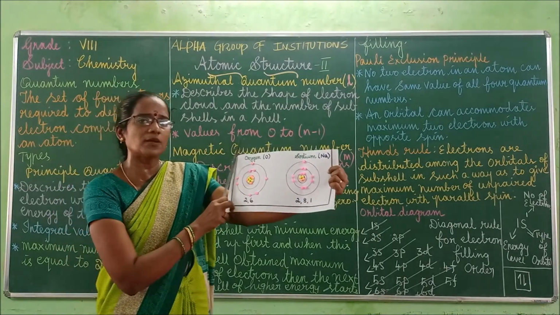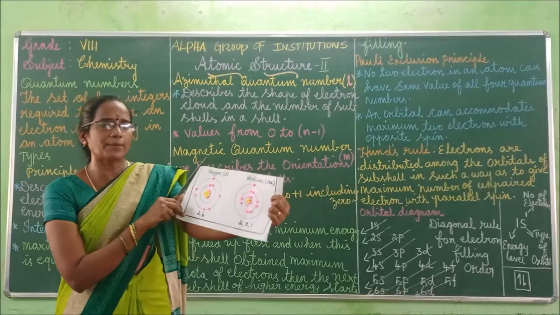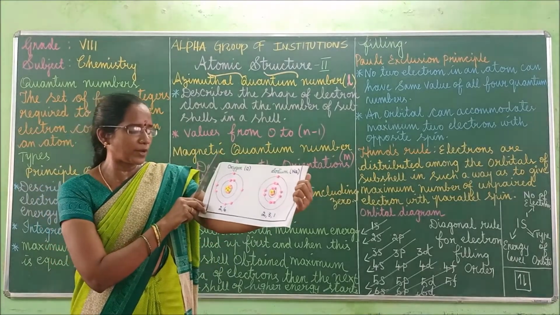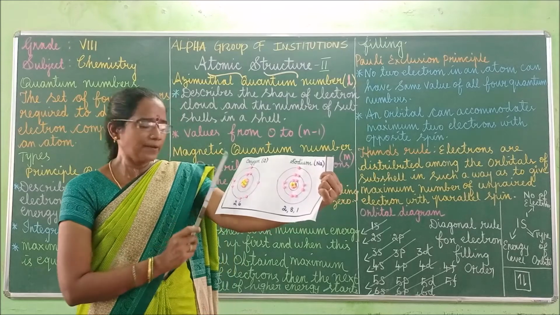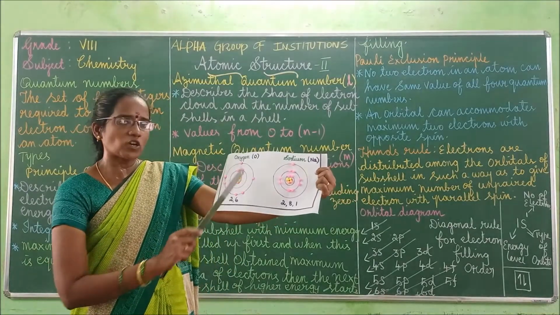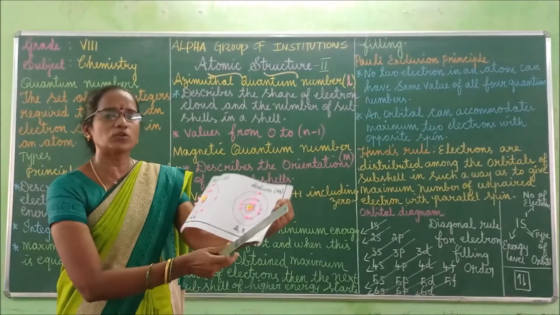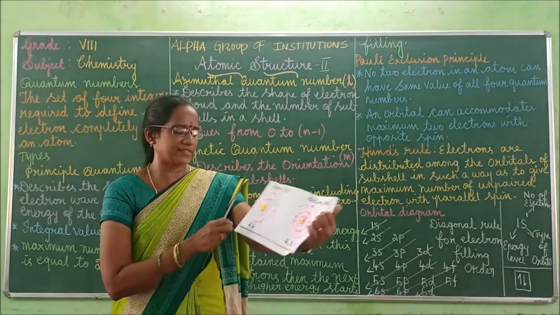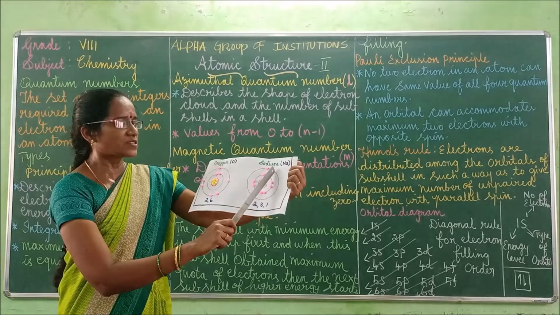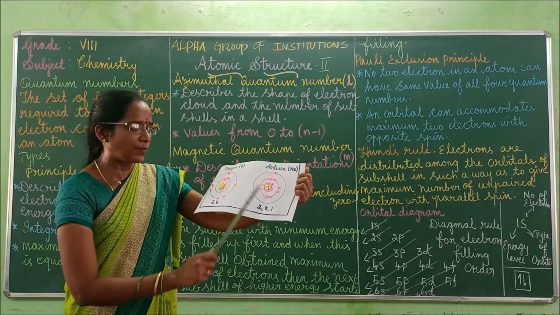So 6 electrons are present. So the atomic number of oxygen is 8, and in the first orbit, 2 electrons are present. In the second orbit, that is the outermost orbit, 6 electrons are present.